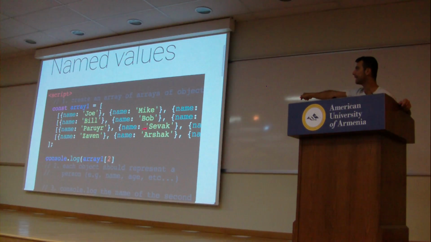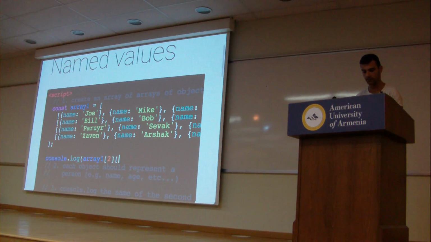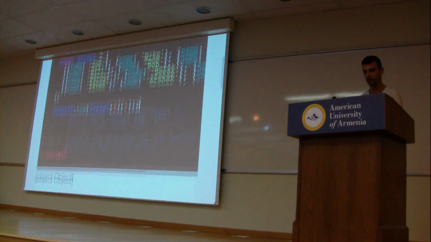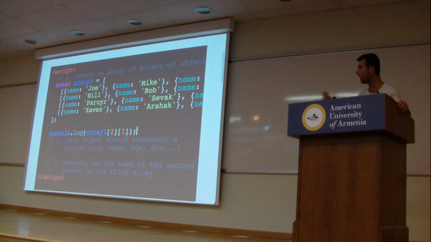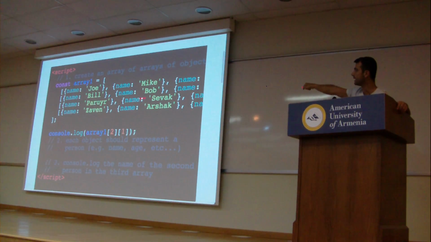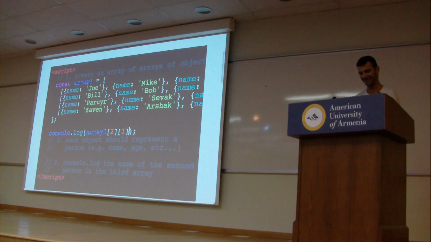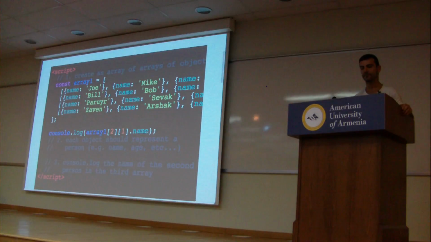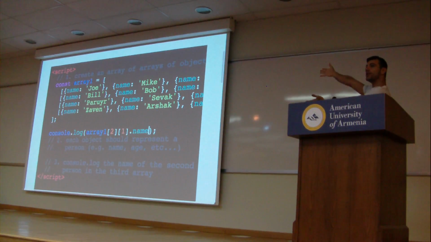Okay, so how do I get the second person? What index is this? 1. Good. And wait, so this will just give me the object, right? This whole object. Now from this object, I need to get Sevak. Sevak. This is what I wanted.